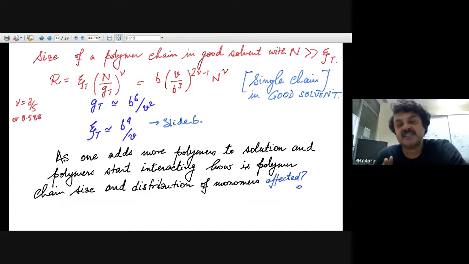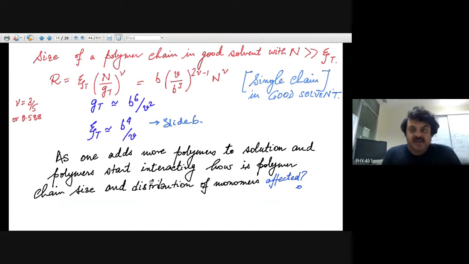The physics question that we are asking in this small module is this: this was all about one polymer chain, but here we are adding more and more polymers to the solution, and the polymers start interacting.